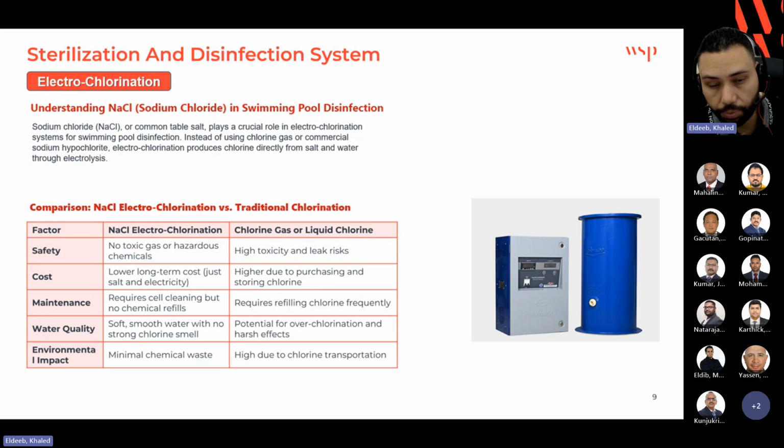So by using electricity and the salt solution, we can generate the liquid chlorine that we are looking for. And then the last stage, storage and dosing. The generated sodium hypochlorite, we store it and then automatically dose it into the swimming pool as needed.